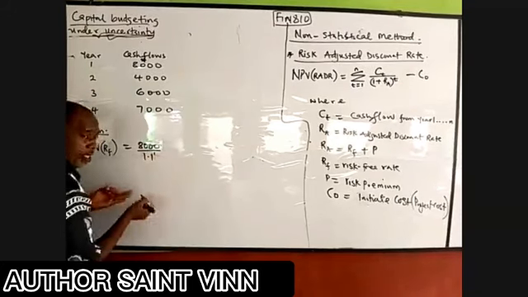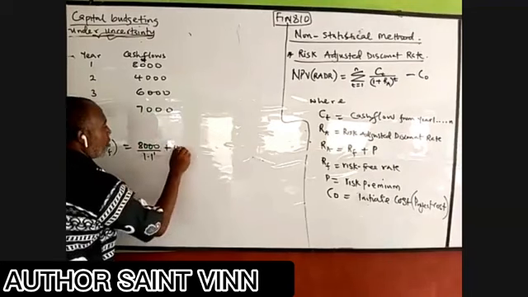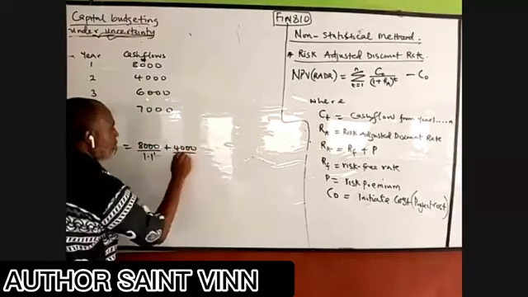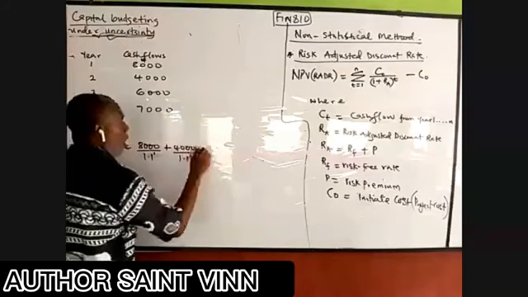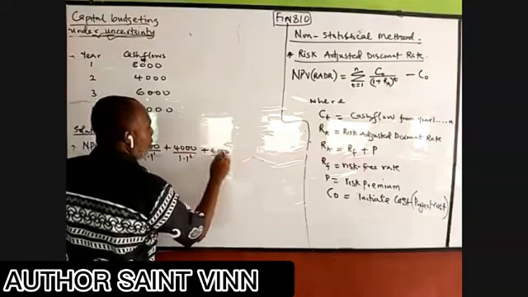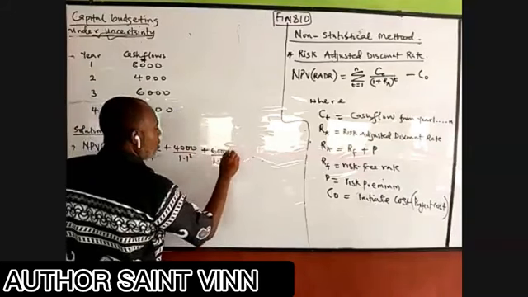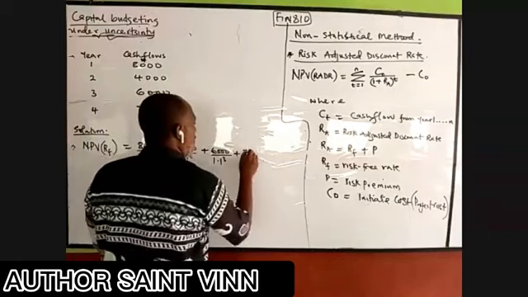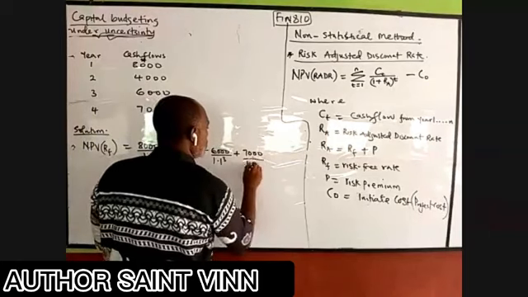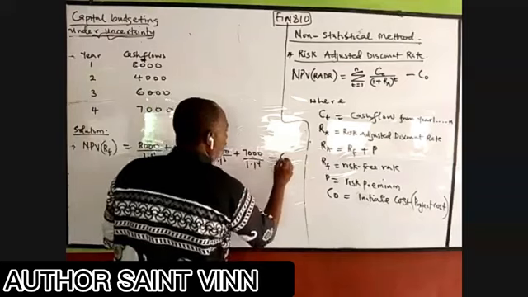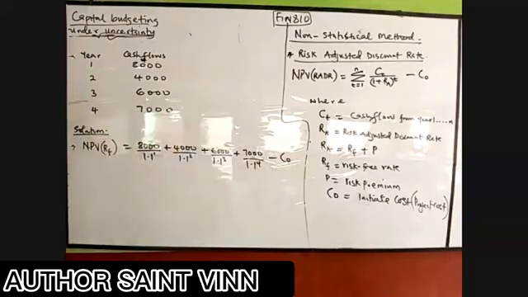Year 1, plus 4,000 all over year 2, plus 6,000 all over year 3, plus 7,000 all over year 4, minus C0. C0 is 17,800. Any questions?